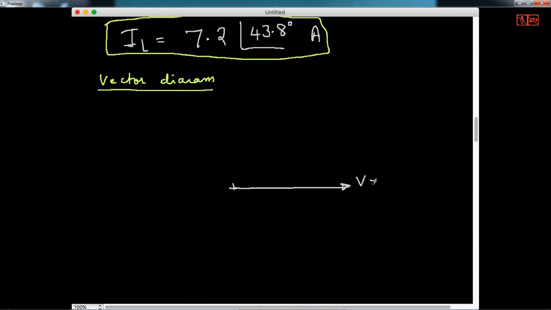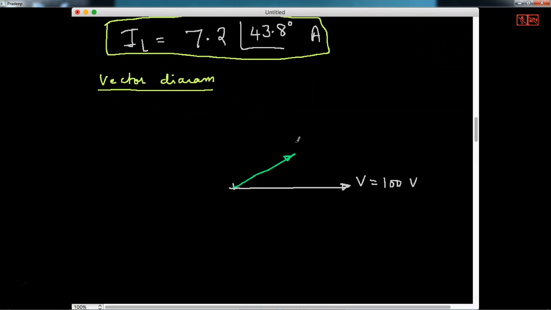V equal to 100. Why this is 0 degrees is because I'm taking voltage as the reference value. Just now above I calculated IL as 7.2 amperes at 43.8 degrees. So roughly at an angle of 43.8 degrees, I can draw the current like this. So this is the IL.